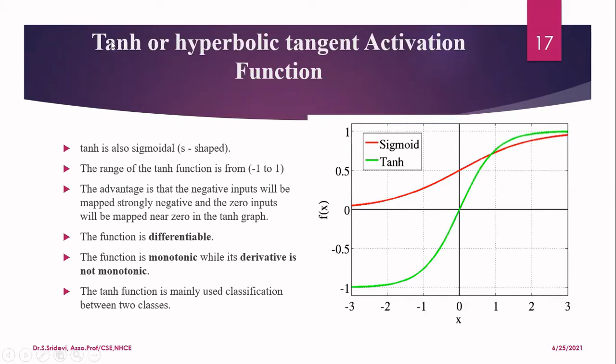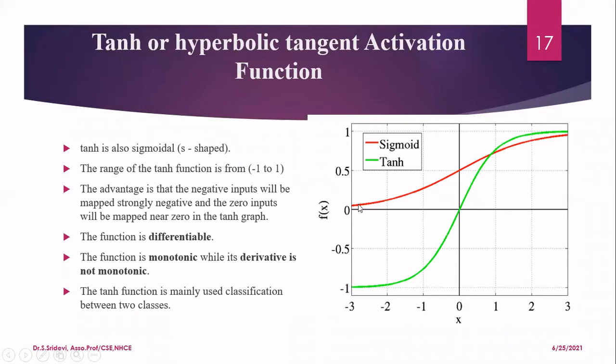The other function is called tanh, or the hyperbolic tangent activation function. You can compare this with the sigmoid function: in the case of the sigmoid function, the red line is the sigmoid function, and the output varies from 0 to 1. Here you get probability, all the intermediate values. Whereas in the case of the tanh function, the output is not from 0 to 1, it is from -1 to 1. That is the only difference here. So because of introducing negativeness, what is the advantage?